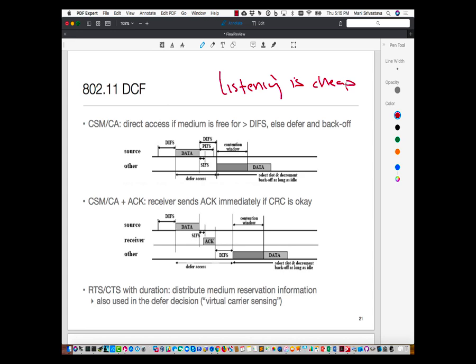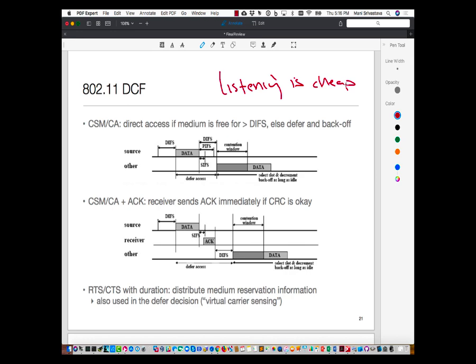Therefore, in this case the approach is, whenever you want to transmit, listen. Make sure that no one else is transmitting on the channel for some period, DIFS, and once no one is transmitting for that period, then you can go ahead and transmit.